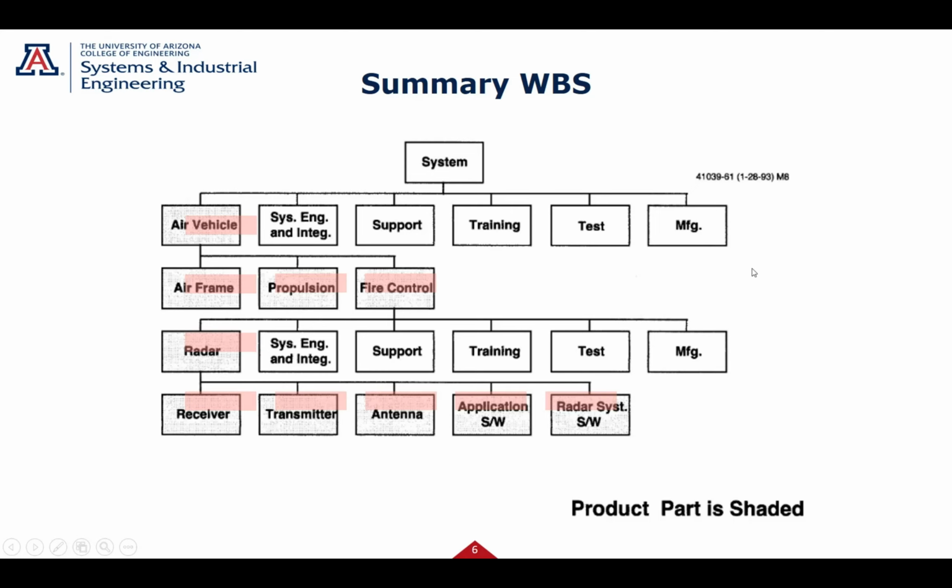Now what we do is we break it down into pieces. So let's just break down one piece. The air vehicle, it's got an airframe, it has propulsion, it has fire control. Okay, now I break down, let's just take fire control. That has radar, it has its own system engineering, its own support, its own training, its own tests, its own manufacturing, because I have to manufacture this fire control system that goes into this aircraft.